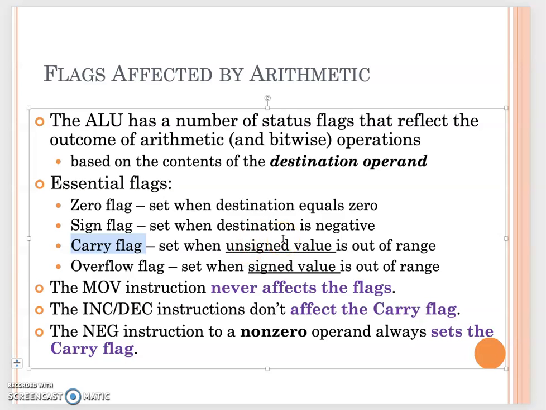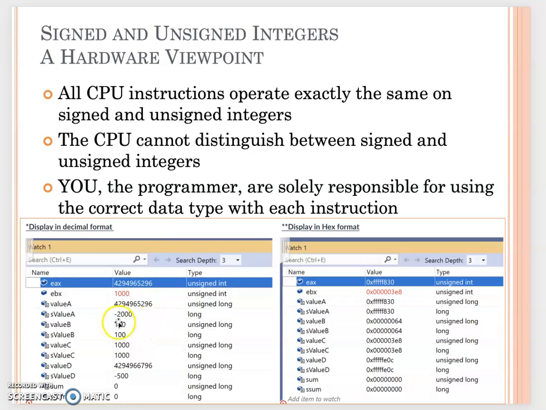And remember your assignment 4. I asked you to declare 5 different variables as unsigned and 5 variables as signed. What did you discover in the watch window? One thing is we need to know all CPU instructions operate exactly the same, no matter whether it's a signed or unsigned integer.